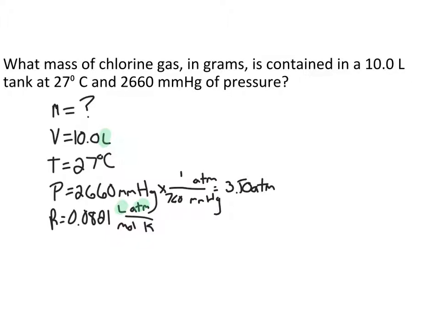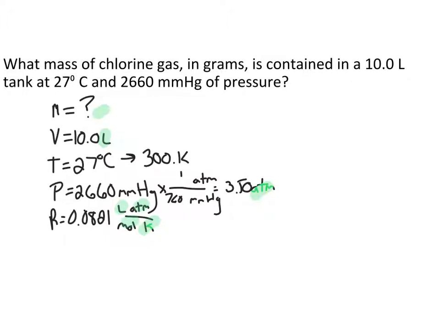Okay, so now my atmospheres are good. So now moles, well, that's what n will solve out in, so we'll just hang on to that. And then Kelvin, I still have to change that temperature to Kelvin. So 27 plus 273 is 300. So 300. Kelvin.